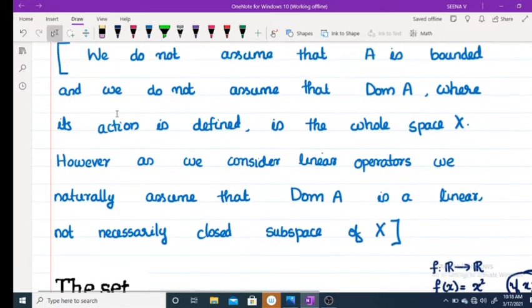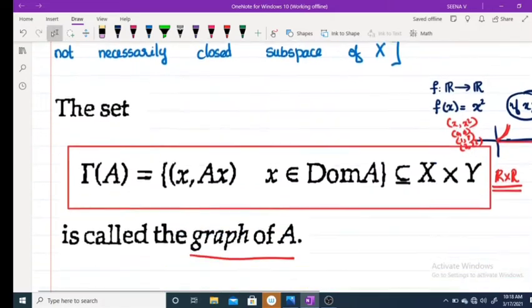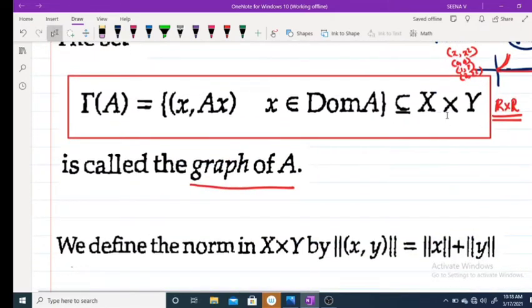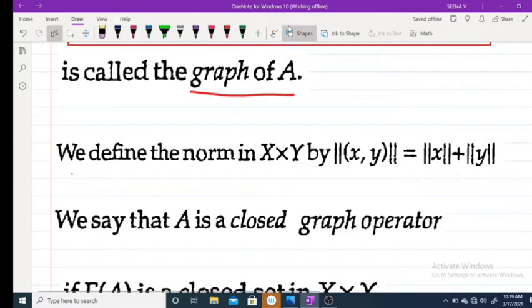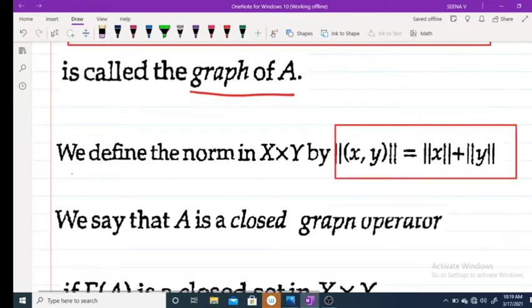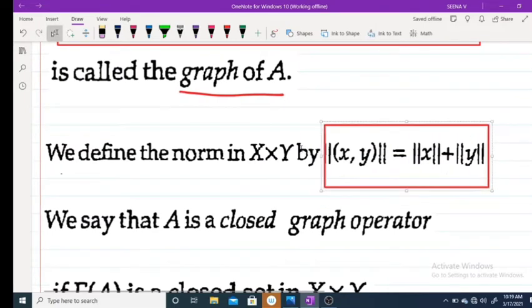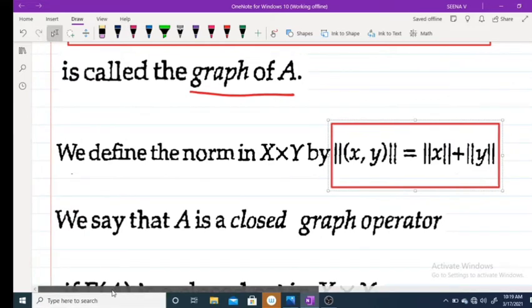X and Y are already given Banach spaces. So this is the norm on X cross Y.